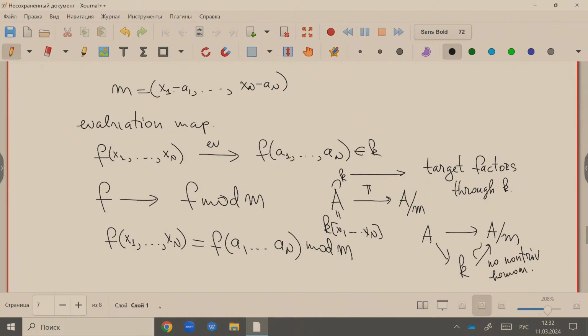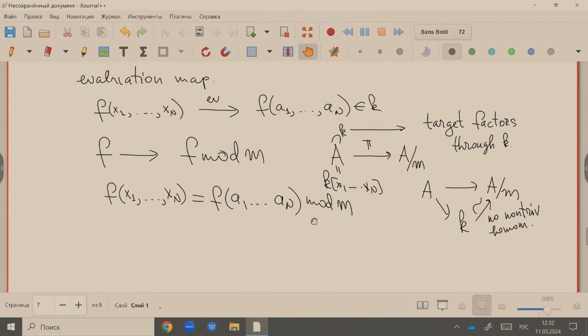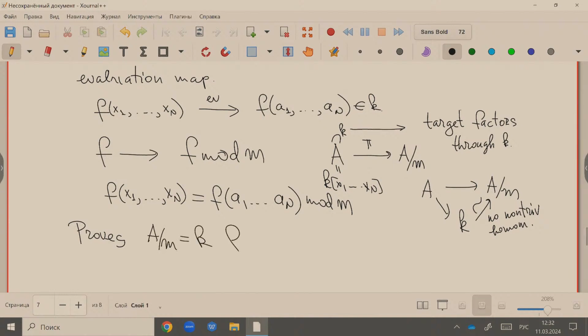So that means that this is an isomorphism between this field and A modulo M. So this proves that the quotient is a field, that A mod M is equal to K, and this is a field. So M is maximal.